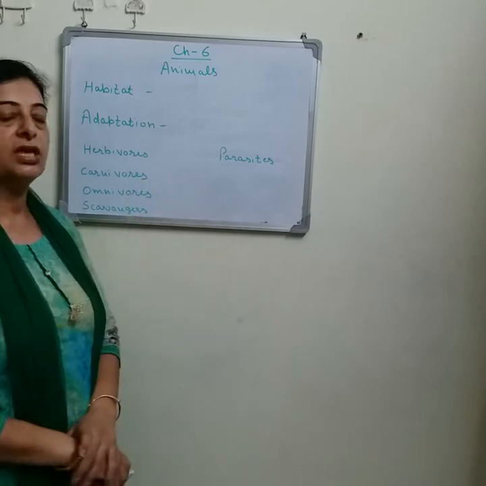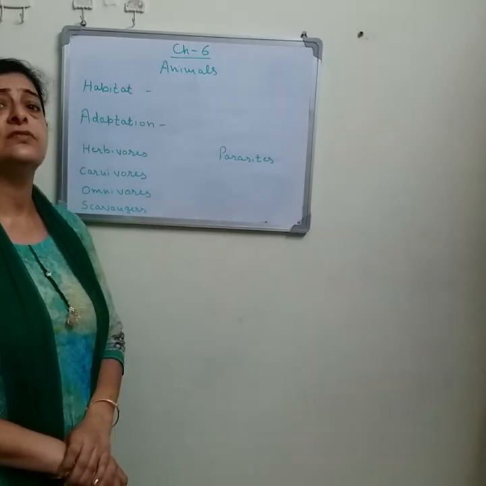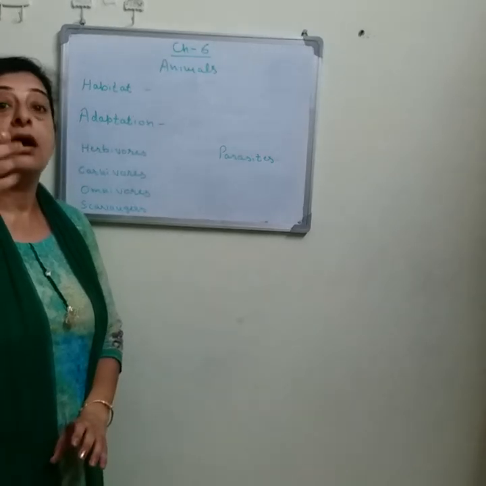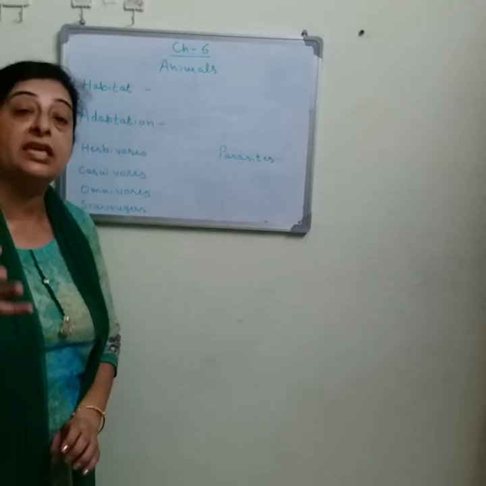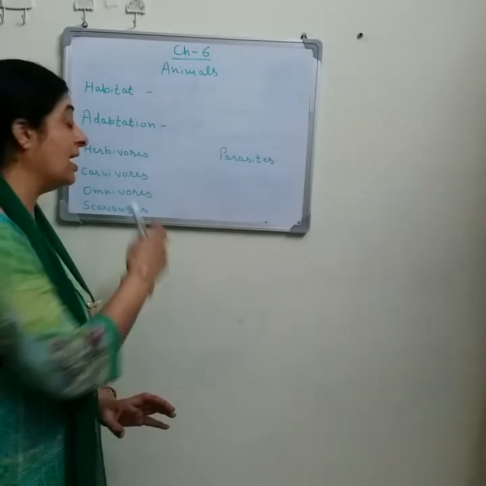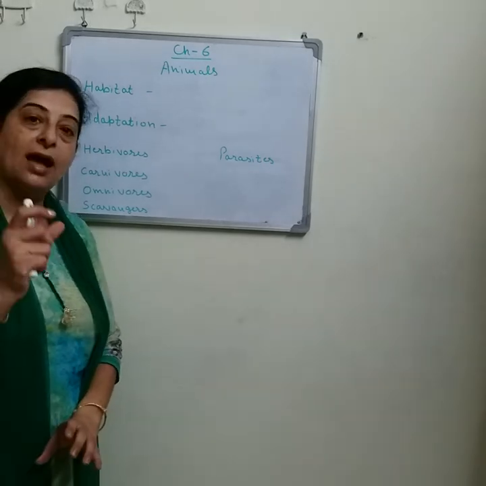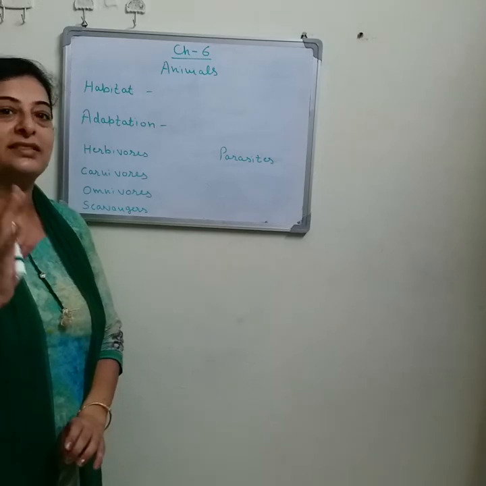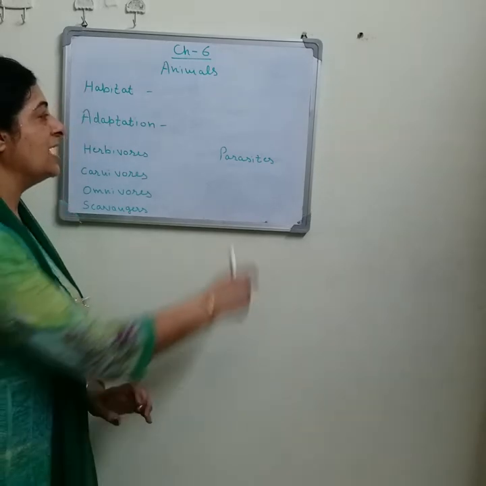Now if we talk about scavengers, they are those animals which depend on dead animals, on decaying matter. They are the environment cleaners, and for this they have sharp front teeth so that they can easily tear the flesh of animals.